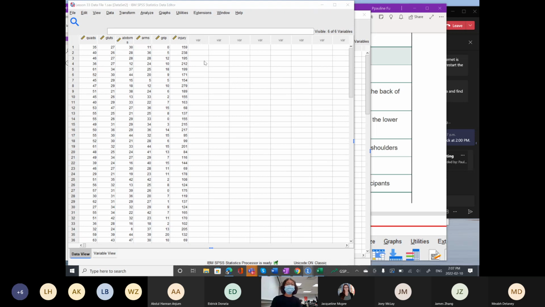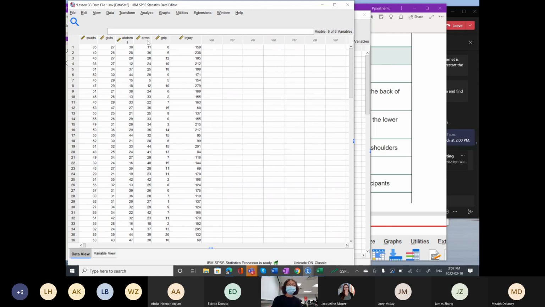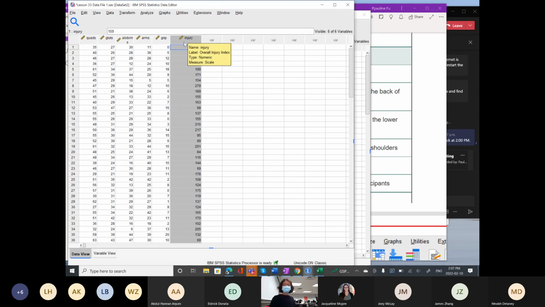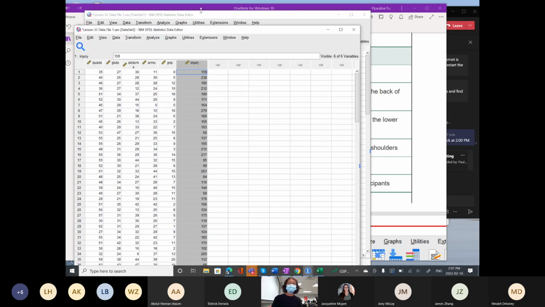All right. So in this data, we have 1, 2, 3, 4, 5, 6 variables. And of those 6 variables, injury is the dependent variable, something on the y-axis.